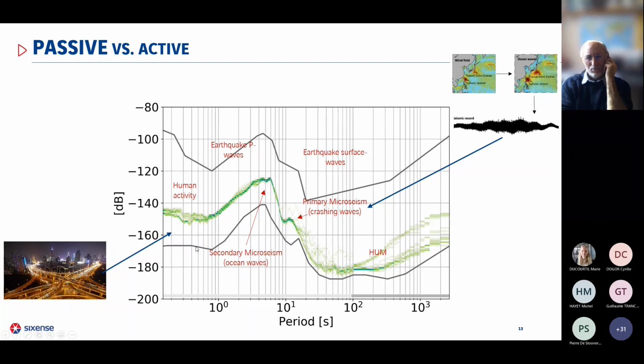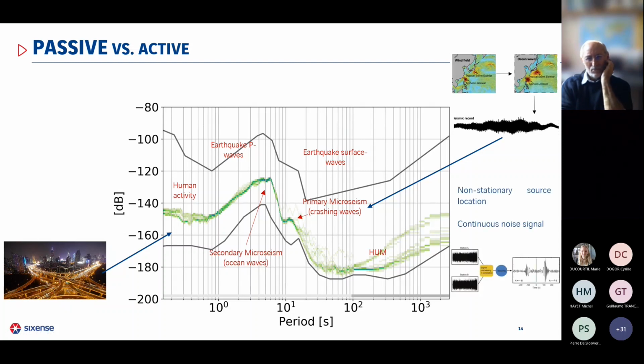And another seismic noise present at higher frequencies is human activity, such as traffic and industrial work, but also atmospheric sources, rivers, etc. This noise is also a source of waves that propagate through the earth.